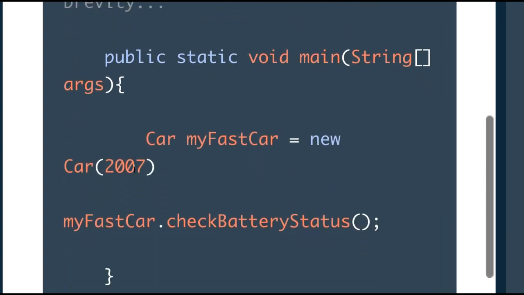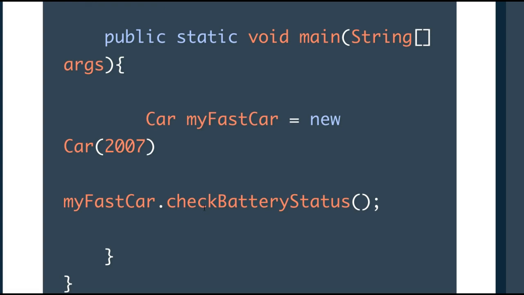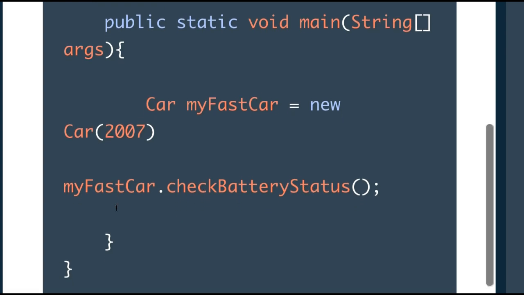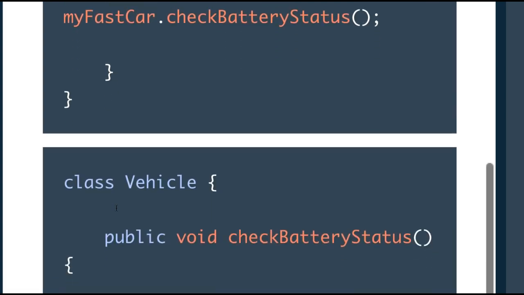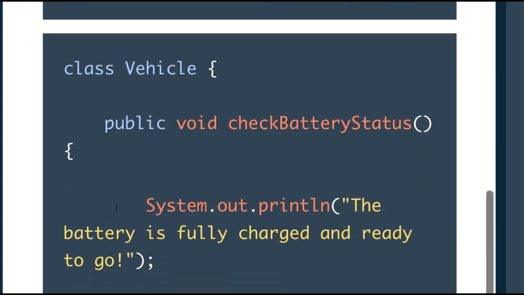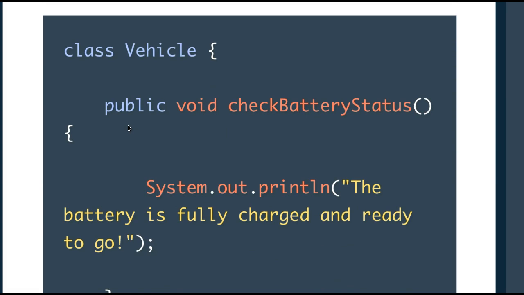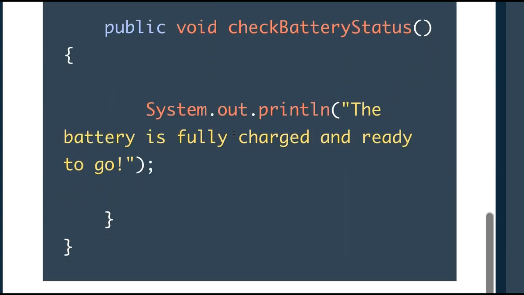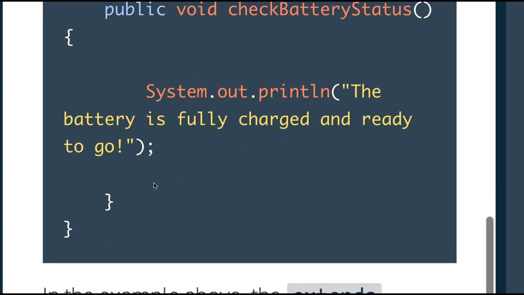Then there's our main method, which creates a new car, my fast car, and we pass in 2007. Down here, we use the check battery status method on my fast car. Check battery status is located in another file, which contains class vehicle. This has the check battery status method, which prints out the battery is fully charged and ready to go.